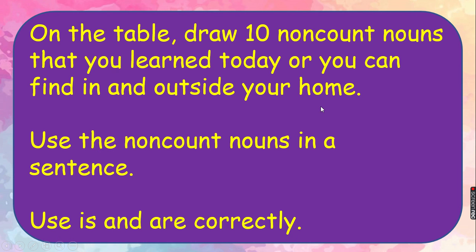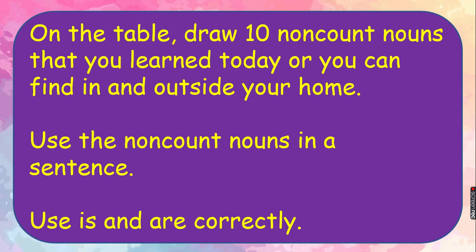If you can go to your refrigerator or you can go around your house or in your bathroom, maybe you can see some shampoo or some detergent. You've got to put them on the table. So yeah, you can open your fridge or you can go to your kitchen and find 10 non-count nouns.